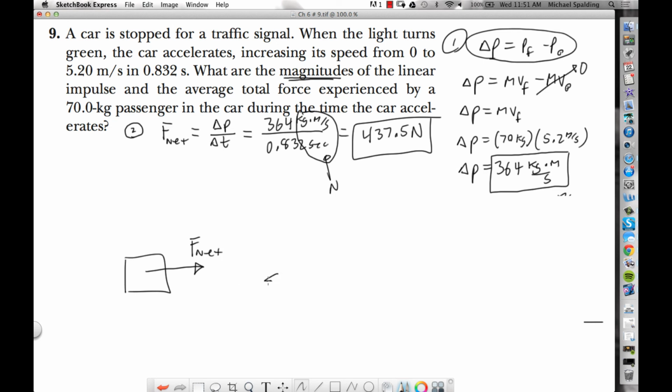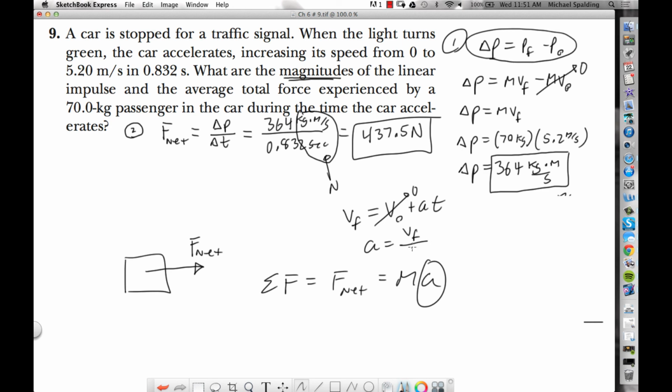So you sum the forces, F net equals ma. So you would have had to figure out his acceleration. How would you have gotten that acceleration? With a kinematic equation. v final equals v initial plus a t. v initial is 0. So the acceleration would be v final over t, which is 5.2 over 0.832. So take that acceleration, whatever it is, plug it in there, and you'd get the same answer.